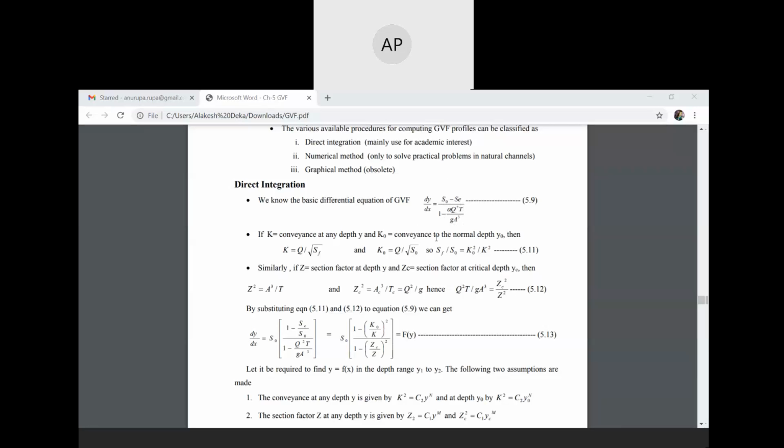Also, we can write it as Froude number, Fr square. Next, if K is the conveyance at any depth y and K naught is the conveyance at the normal depth y naught, then K equal to Q divided by root over Sf, and K naught equal to Q divided by root over S naught.